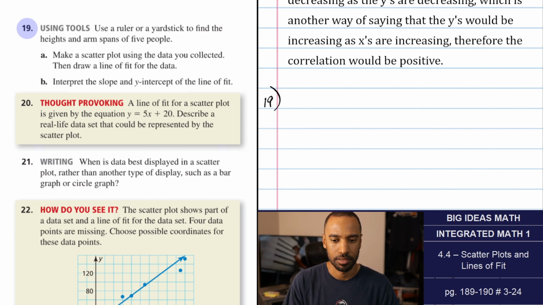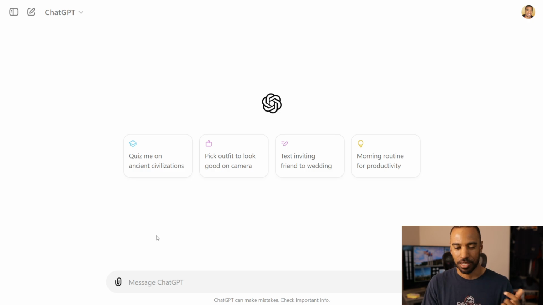Give me 1 second. Okay, I'm opening up a ChatGPT window here, and I'm going to ask it to use a ruler or yardstick to find the heights and arm spans of 5 people. I guess we should do inches. Oh, their heights as well. Okay, so we can do both of them in inches.